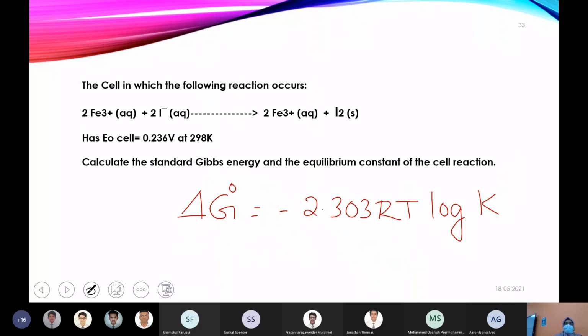Temperature is already given, 298. R, you already know the value of R, 8.314. So calculate log K, then take the anti-log.